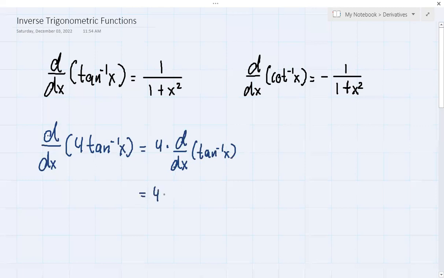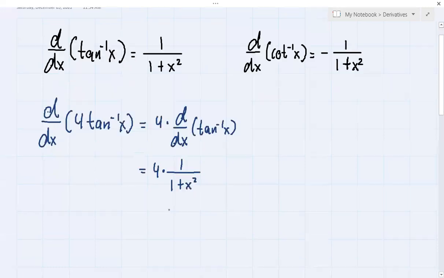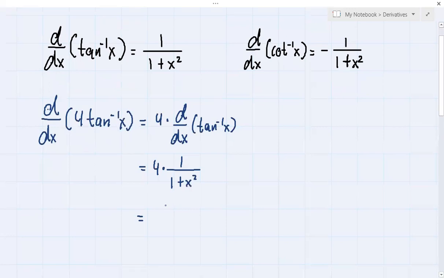Derivative ng arctangent ay 1 all over 1 plus x squared. So 4 times 1 all over 1 plus x squared, we will have 4 all over 1 plus x squared. That's it. It's easy.